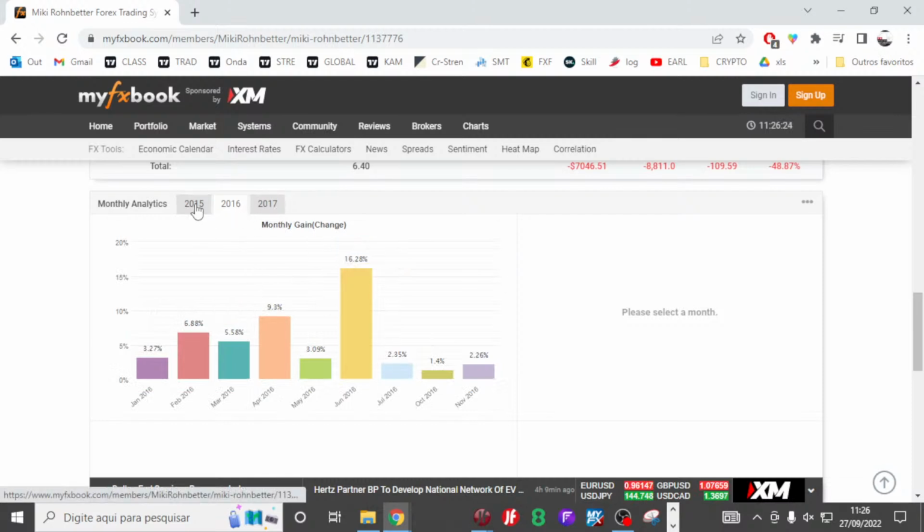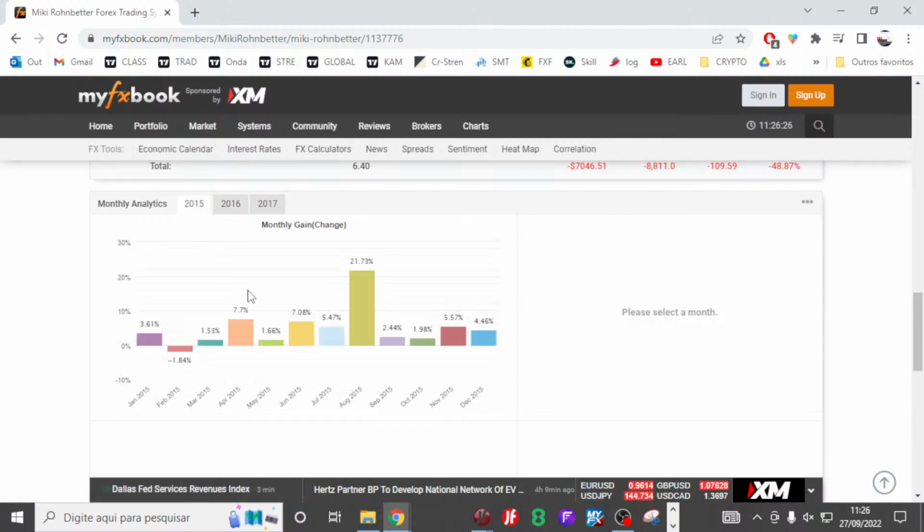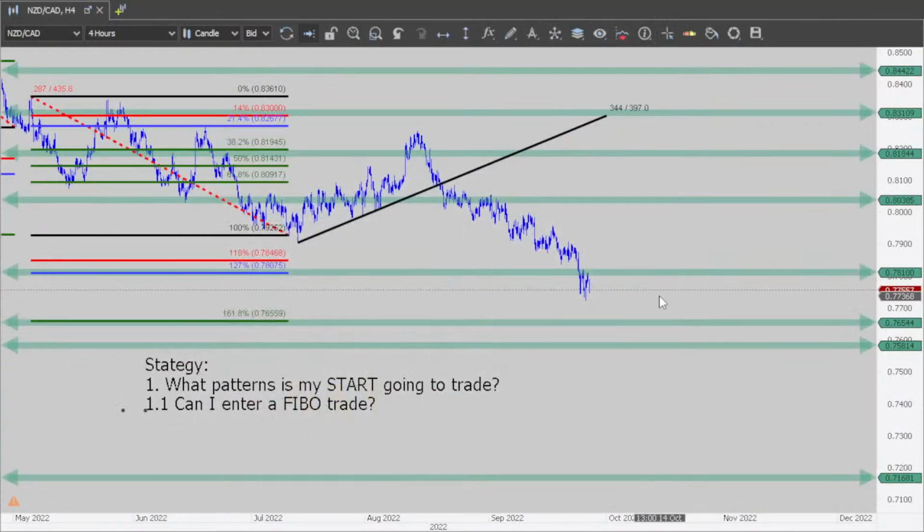So we are showing the results, everybody. You can check, not a problem. And do this: go on the demo account and show to yourself that you know what you are doing. Make sense? And then you go on the live account.